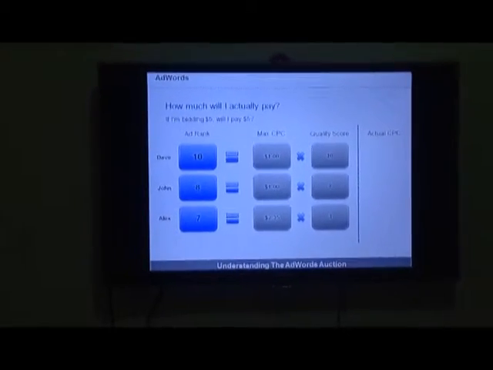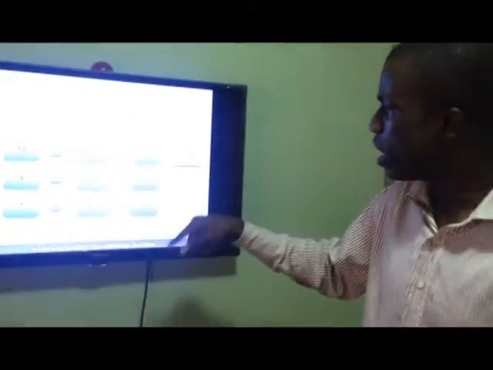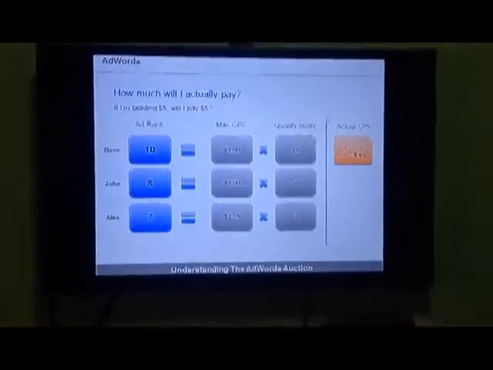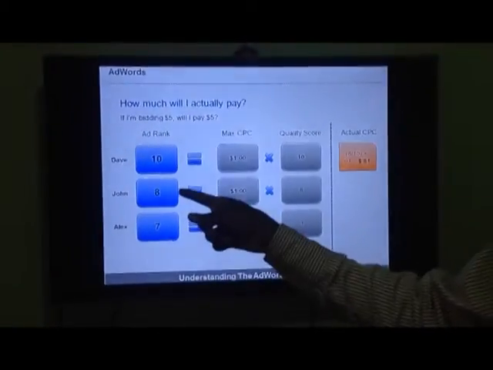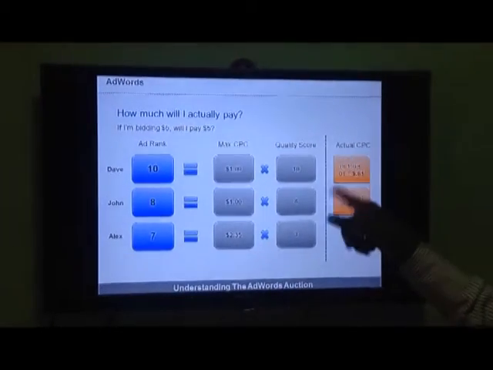So let's look at it in a real life situation, and how the three advertisers will be paying. Let's take Dave. Dave has 8 over 10. The 8 means the next competitor. The next competitor here is John.